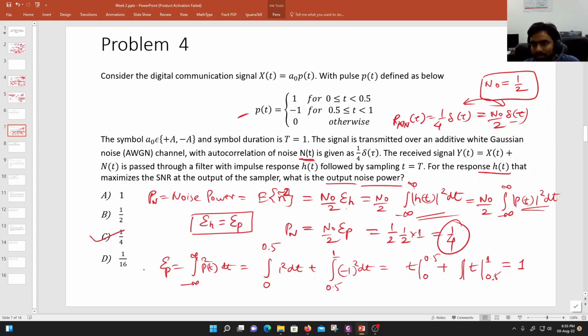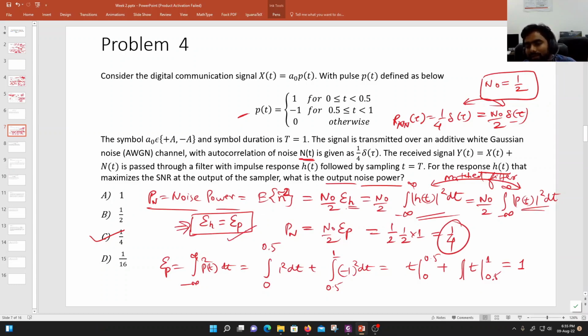So I hope this problem is clear to all, or any doubt in this one? Basically you have to remember that noise power would be N naught by 2 times the energy of the filter, E of H, and for the matched filter case especially, E of H is equal to E of P. Do not generalize this result; this is for the matched filter only.